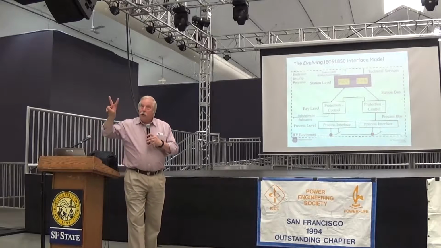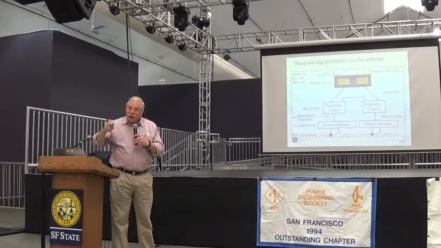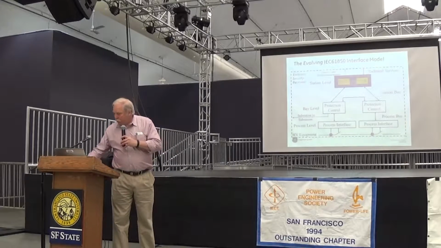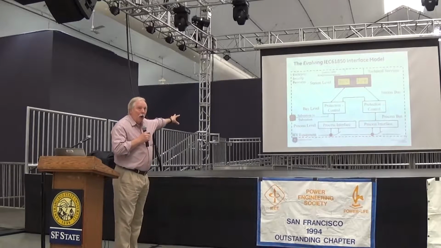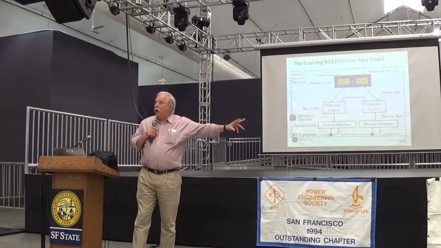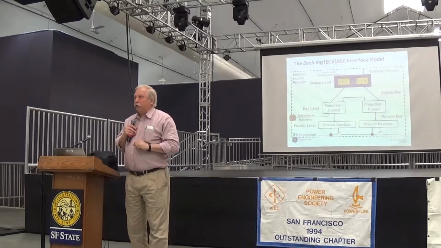So these are two new areas where there have been extensions to the 61850 protocol, and I'd like to go into some description of these. What's happening also is all substations are having firewalls installed.